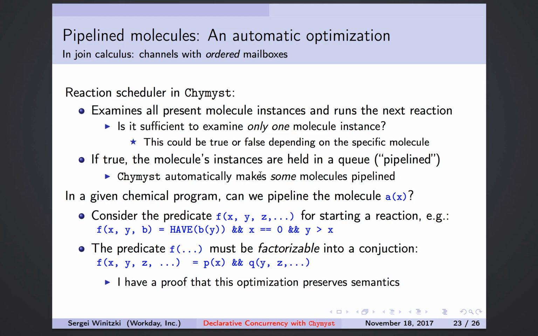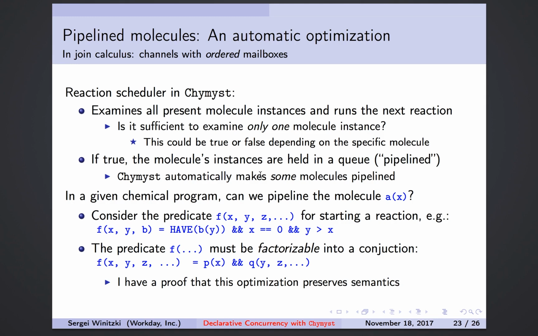In order to schedule such a reaction, the reaction scheduler needs to find the molecules whose values satisfy the conditions. For that, it usually needs to examine all or many molecule instances until it finds some that satisfy the conditions, or determines that there are no such instances and so no reaction can run.